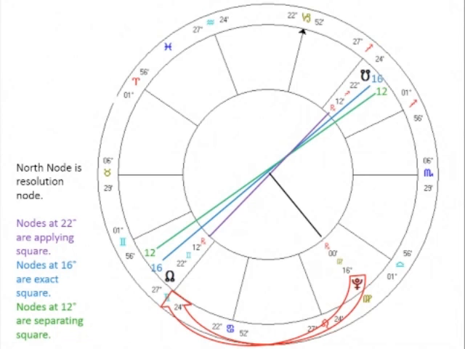When a planet is square the nodes, both the north node and the south node have been equally active in past lives, and the skip steps is running back and forth between those two nodes, again not really fulfilling or learning the lessons represented by either node and the planet involved.